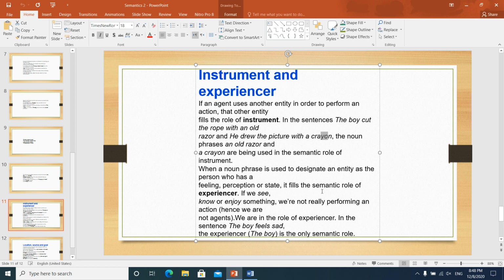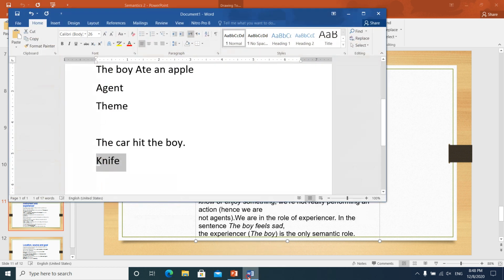But if the verb is not an action, in this case the subject is called experiencer. Here there is a difference between the boy kicked the ball, for example, and the boy feels sad.